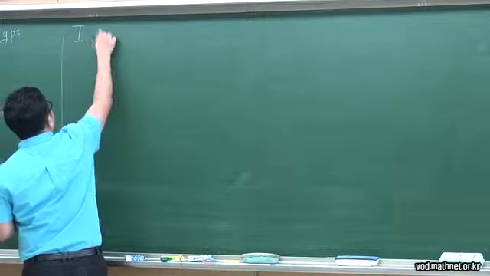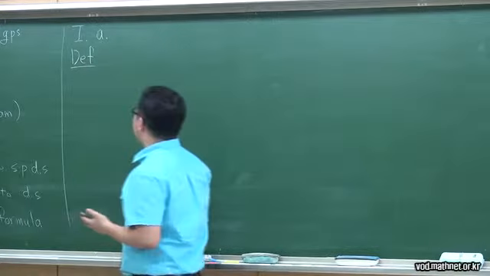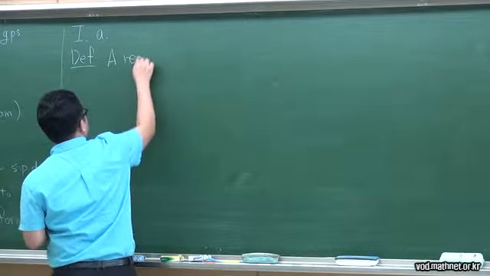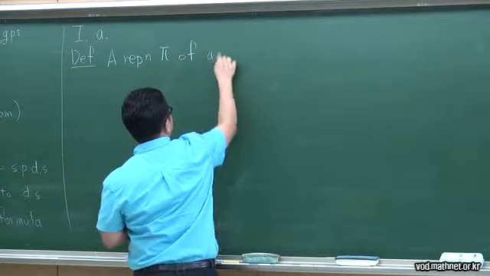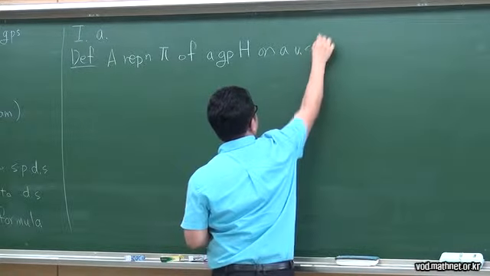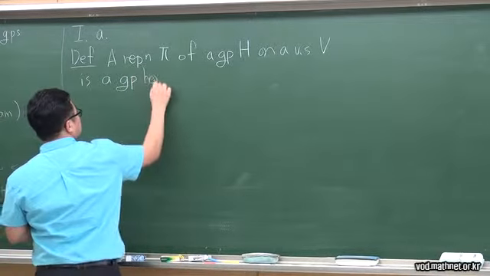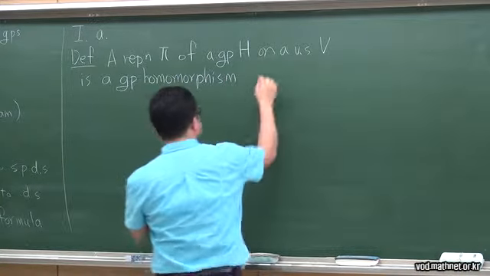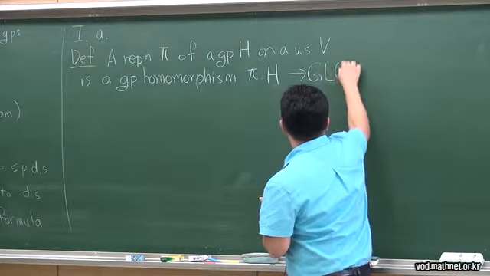As all of the audience know, let me write down the definition. A representation pi of a group H on a vector space V is a group homomorphism pi from the group H that we want to study to GL(V).